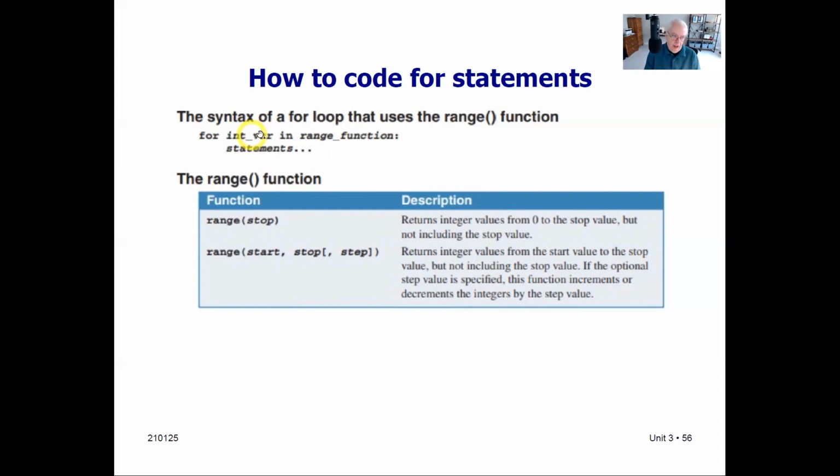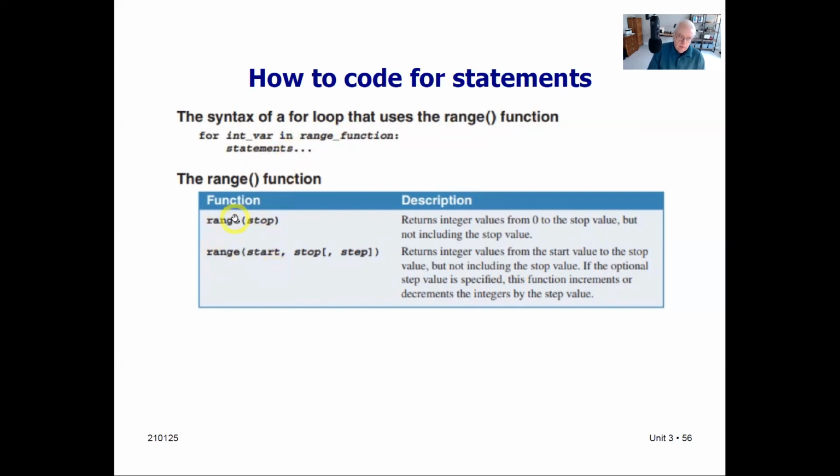Four things that we have to keep up with in a for loop. So this integer value is just keeping temporarily the value of whatever the range function is doing in this example. In is a keyword that is required for loops, okay? And then the range function in our example, and then there's the statements that will be executed.